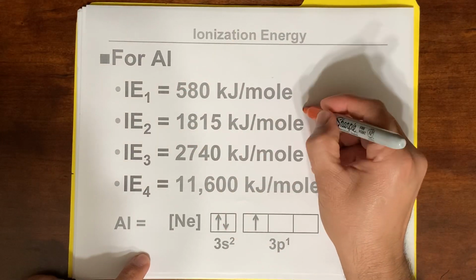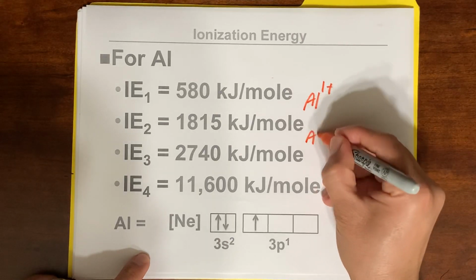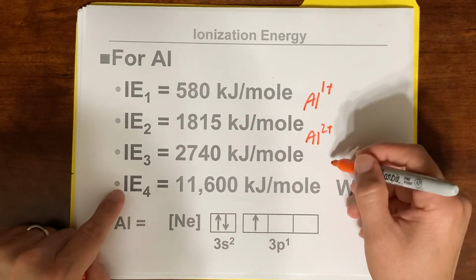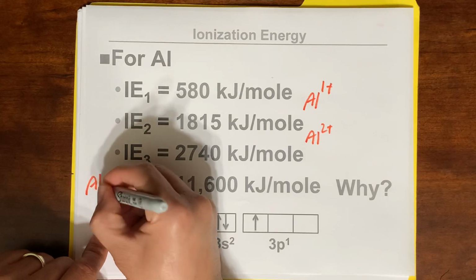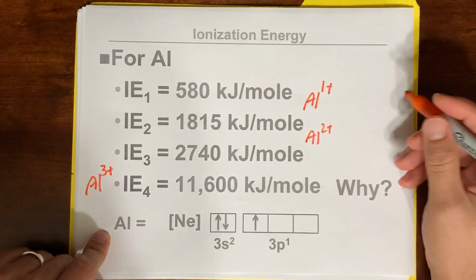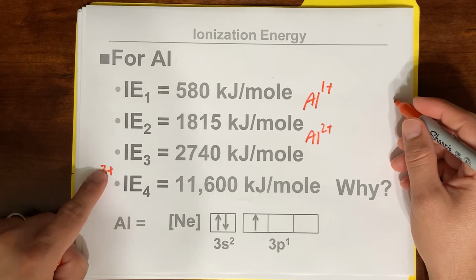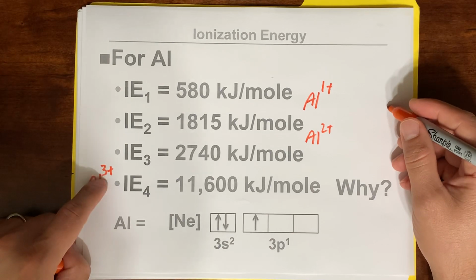Now we are taking an electron from aluminum +1. You're taking an electron from aluminum +2 to generate this one. But then you will be taking an electron in here. For the fourth one, we are dealing with aluminum +3. You take an electron from aluminum +3, that means you will be dealing with core electrons.